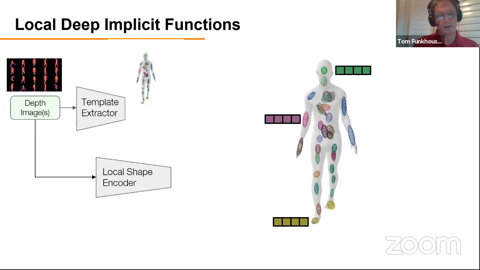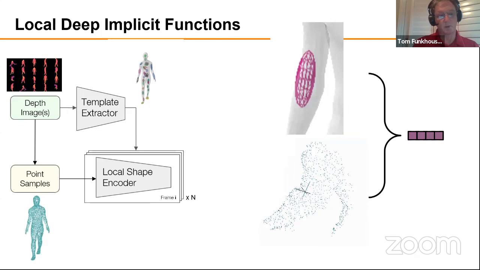And the way we do that is that we would extract point samples from the input, create a local frame based on the parameters that were extracted by the structure decomposition, and then learn with a PointNet a local code for each of those local regions.